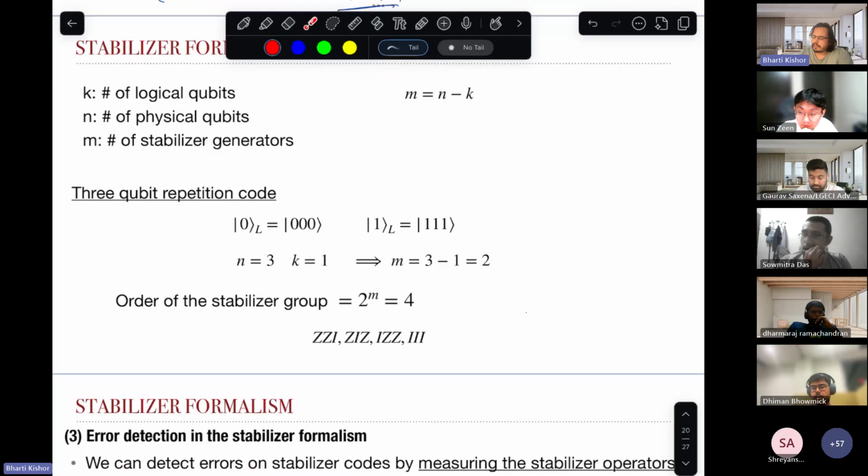And then we looked at the 3 qubit repetition code, where we took n equal to 3, k equal to 1, and that gave us m equal to 2. And then you can specifically write what the elements of the stabilizer group are.